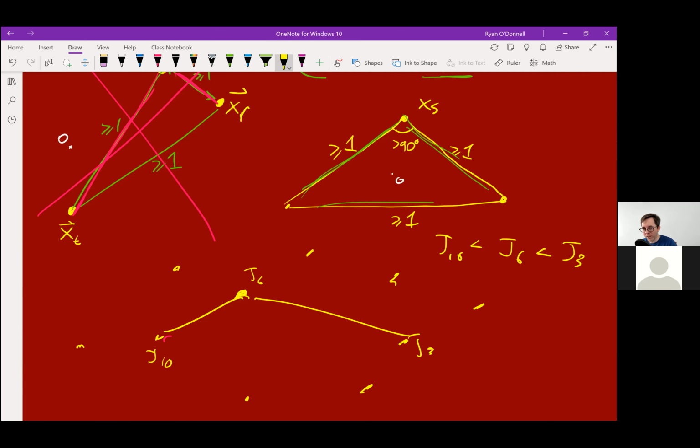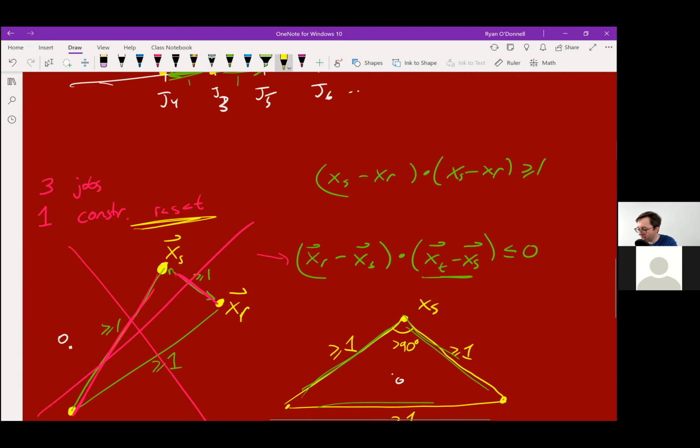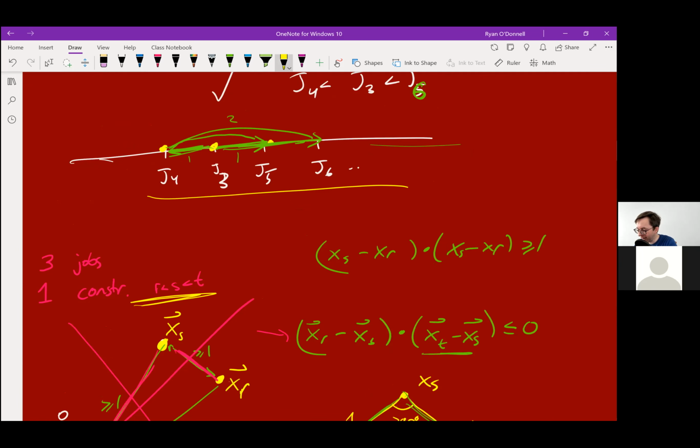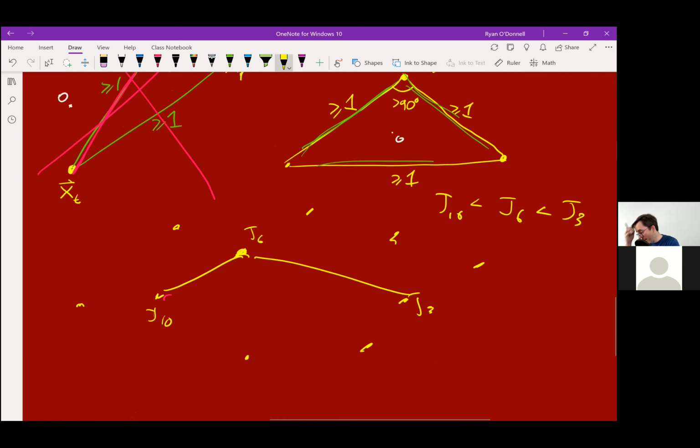You might say, thanks very much, SDP solver, that's great, but I really wanted an actual schedule, where they were all on a line. So now you need a bit of creativity.